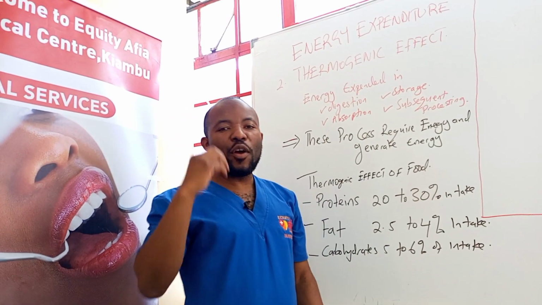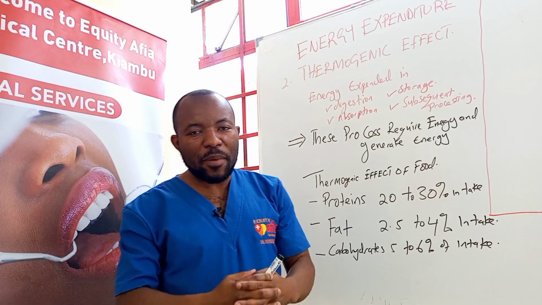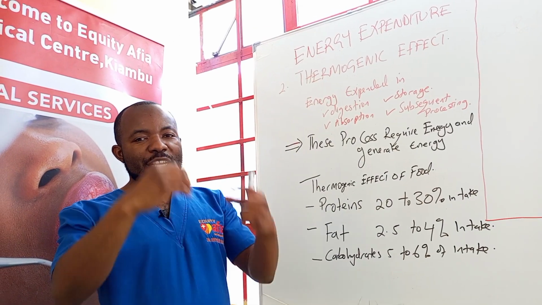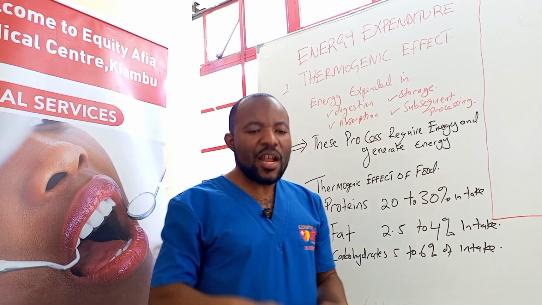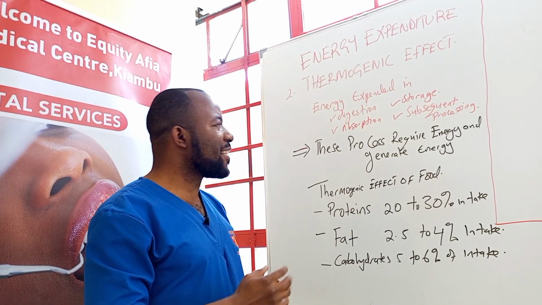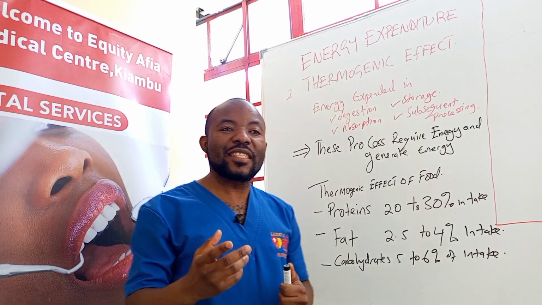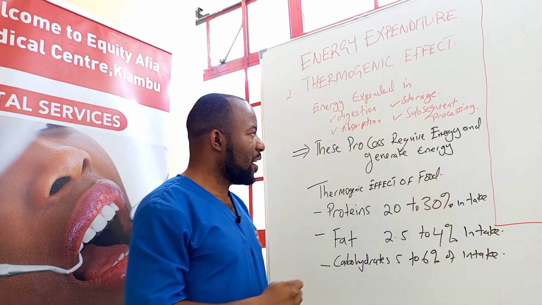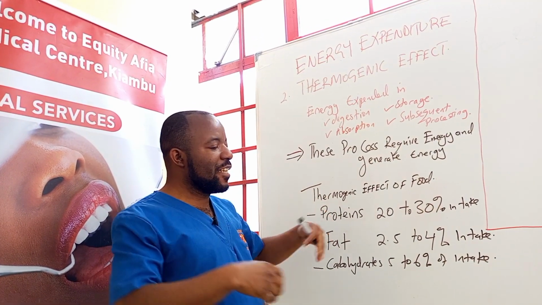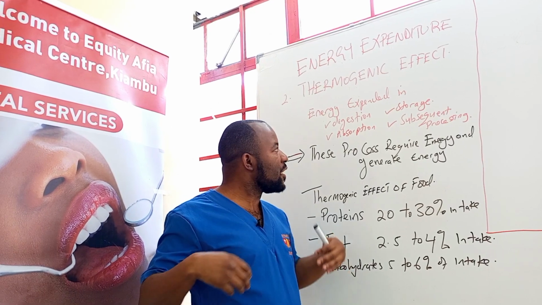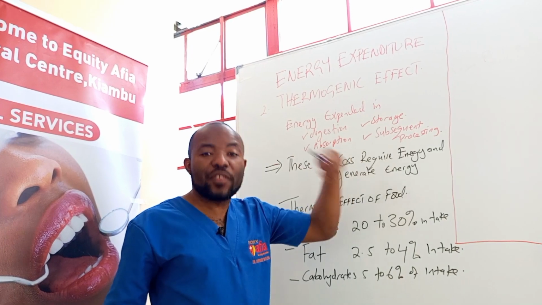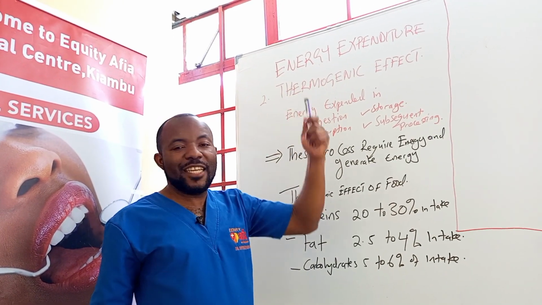The food you eat when you're having your meal at your table, supper, lunch, or breakfast, when the food enters the mouth, digestion starts. Now that process uses energy. That process requires energy. And that energy needed in digestion, absorption, storage, and subsequent processing of that food is called the thermogenic effect.